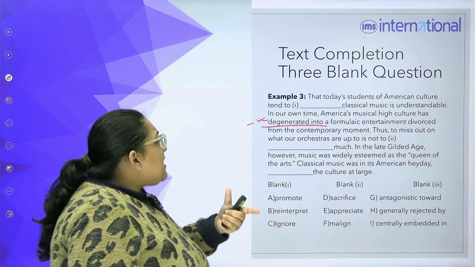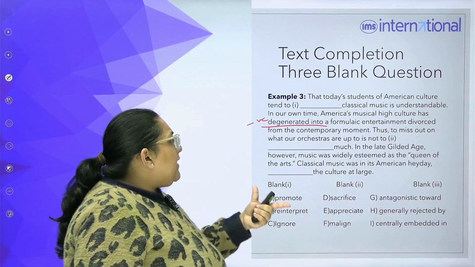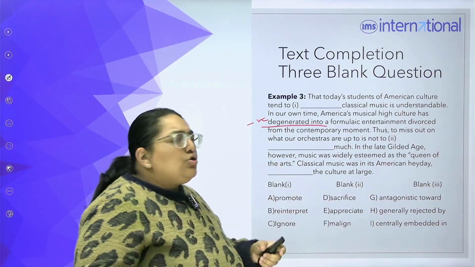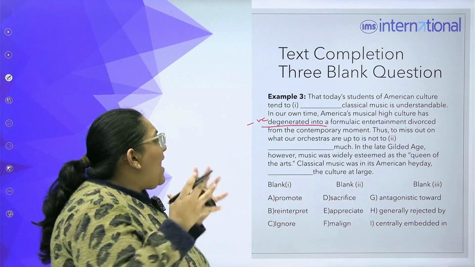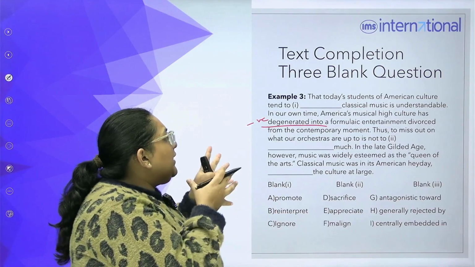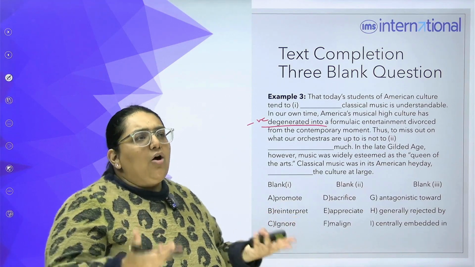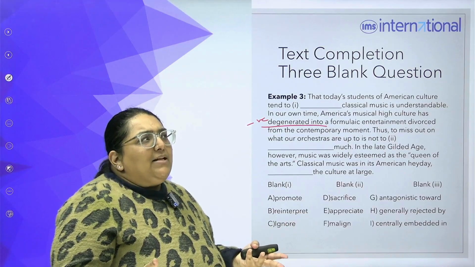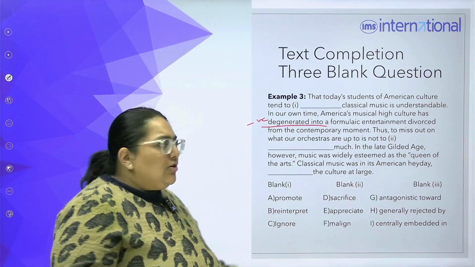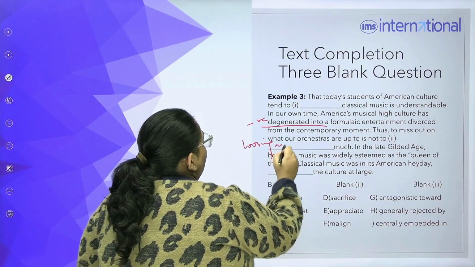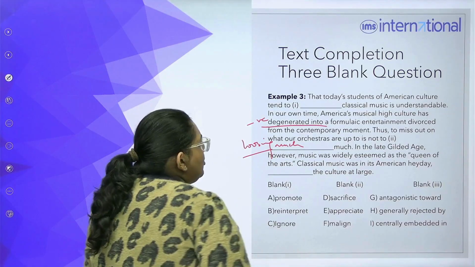Thus, to miss out on what our orchestras are up to is not to dash much. So, because something negative has happened with this musical culture, if we are missing out on something negative, that means we are not losing much. Okay, so we are not losing much, something like that. So let's have a look.